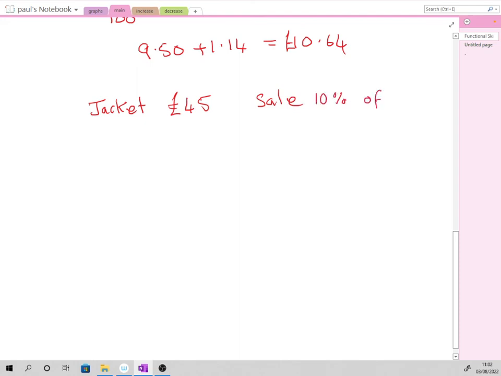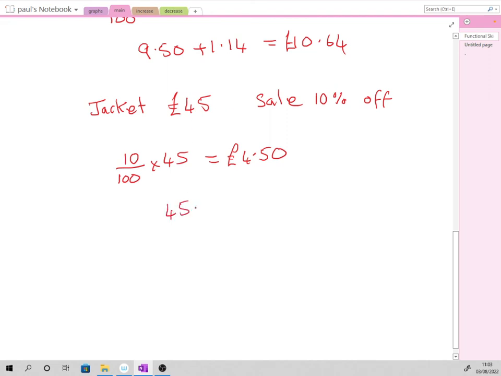It can be presented to you in all sorts of different ways. This is just a decrease. So find 10% of £45, which we all know, for 10% you divide by 10, so you can just do £4.50 straight away, or go through the calculator. 10 divided by 100 times 45. So £4.50.